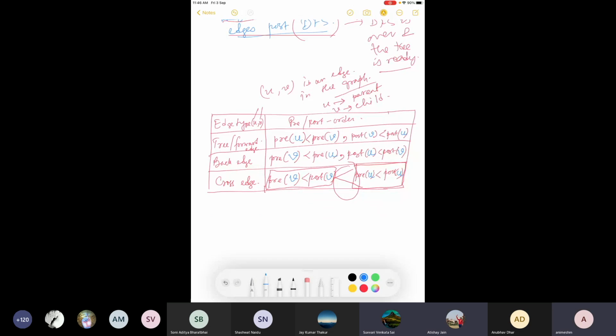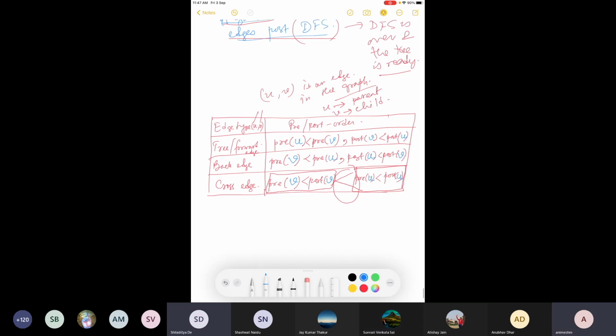Sir, I didn't get how we are saying the pre-order of U is always less than pre-order of V for forward edge. Forward edge and tree edge are similar relationships. Only those that are already part of the tree are not part of the forward edge. So this is an ancestor descendant relationship.